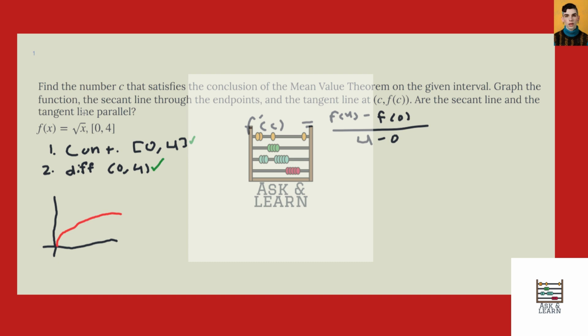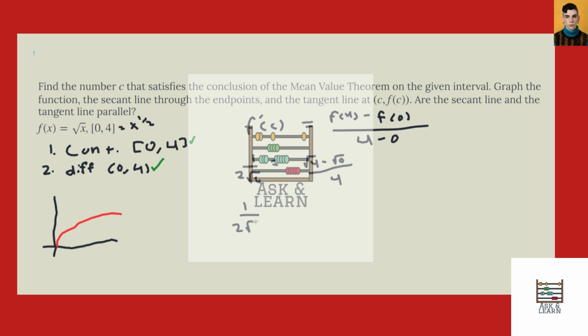So recall that the square root of x can be rewritten as x to the 1/2. This allows us to take the derivative much more easily. So the derivative, well, we're going to be writing it in terms of c, which will give us 1 over 2 root c. And that is equal to, now we plug in the values, the square root of 4 minus the square root of 0, all over 4.